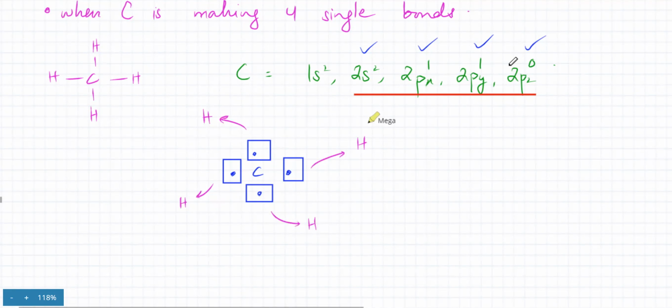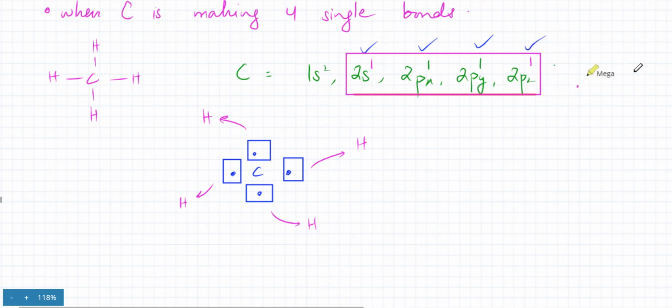So is this idea clear, that instead of the 2 electrons sticking together in the same area, the electrons kind of distribute themselves in all the orbitals? Now this is called the excited state of carbon.